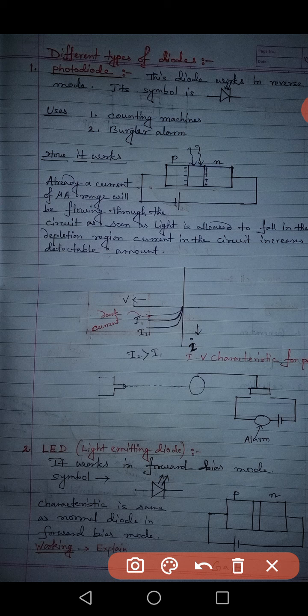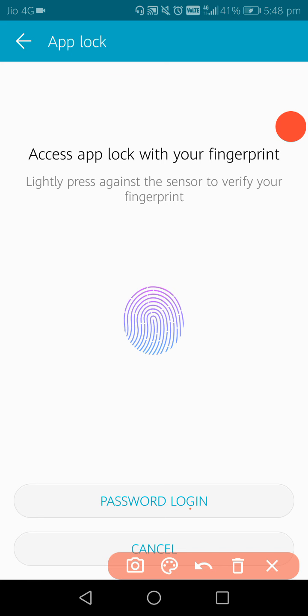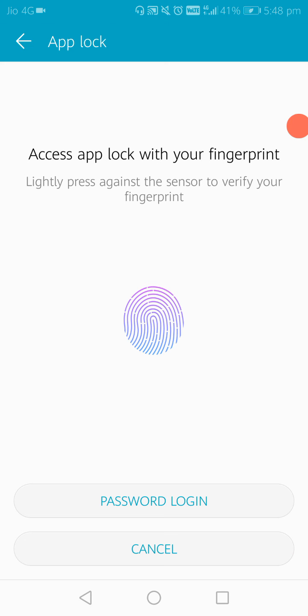Now suppose how it works. Generally in all types of PN junction, when electrons cross from N side to P side, and holes cross from P side to N side, when the diode is in forward bias, then during this process some electrons fall into the holes, because there will be a huge number of electrons and a huge number of holes also.